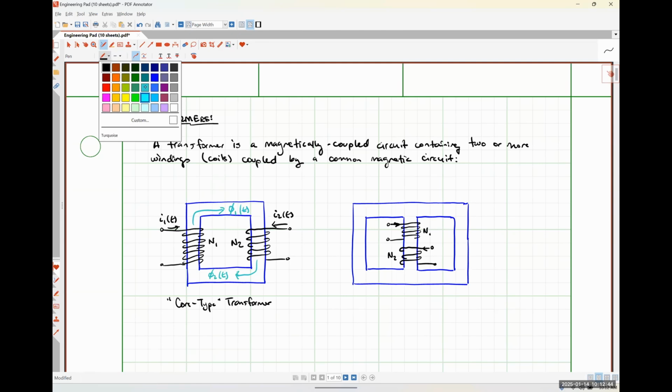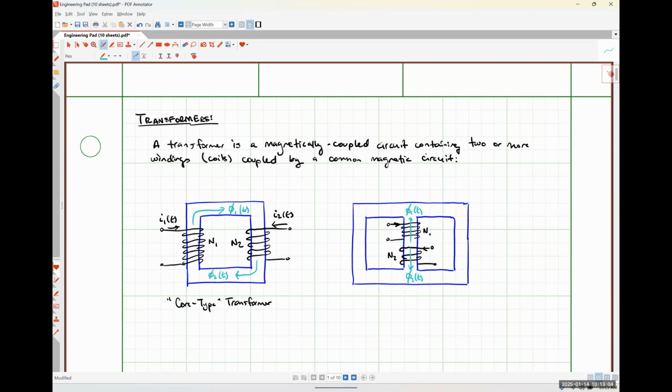And then here's where my flux, so phi1 might be up in this direction, and phi2 would be down, like so.